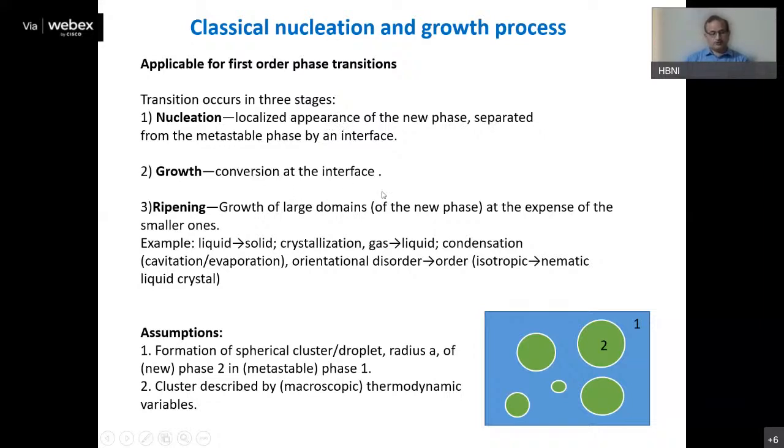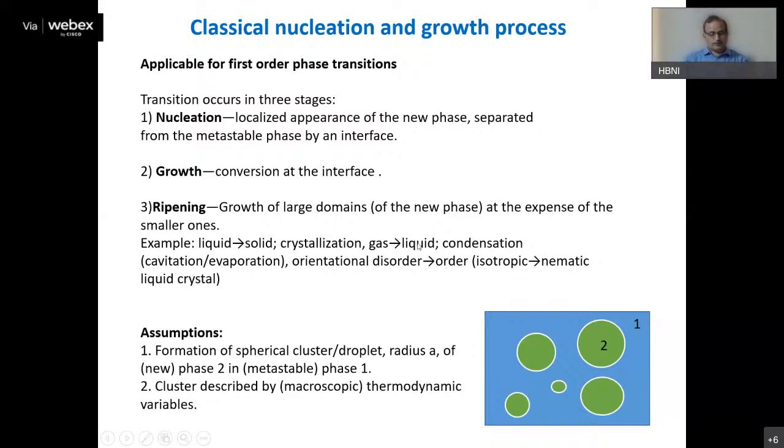As it grows, there is interface formation, and then there will be ripening, so it will be growth of large domains at the expense of smaller domains. Examples of this kind of phase transition could be liquid to solid phase transitions, crystallization, gas-liquid transition, and orientational disorder-order transition, for example in liquid crystals.